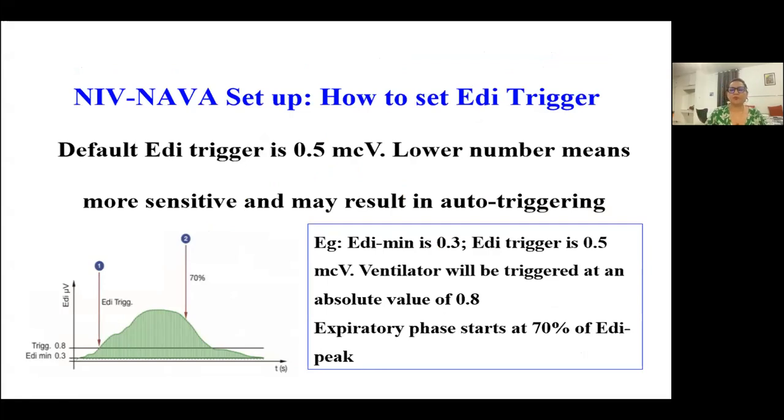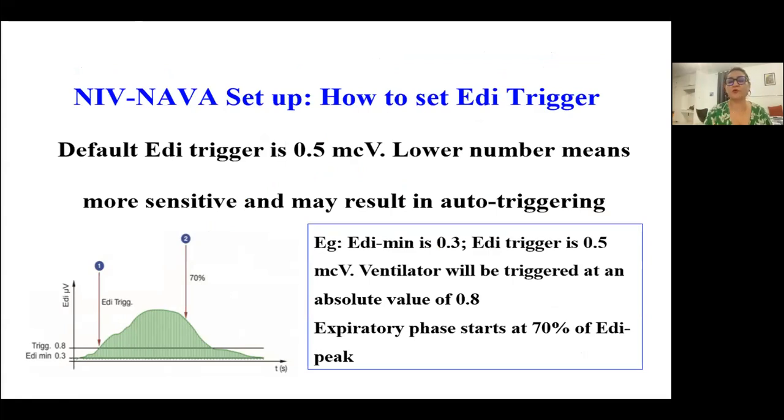So how to set an EDI trigger? As we already said, we are setting a default trigger of 0.5. If we keep it lower than this, it will result in auto triggering. What problems we were facing in the conventional mode of ventilation, here also you may start having auto triggering.